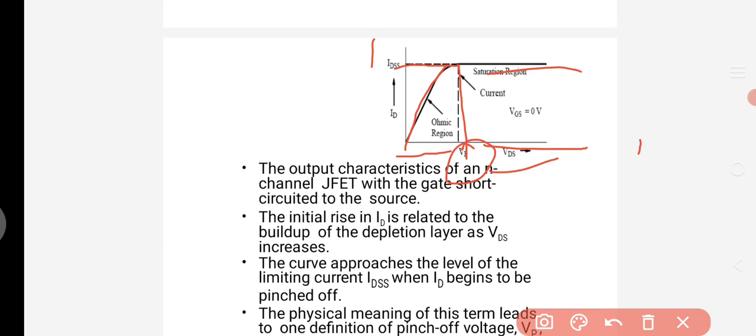When it reaches the pinch off point, we can get the maximum current, that will be called as IDSS. Beyond this pinch off point, we are increasing VDS continuously, but there is no change in the ID. That means the ID will be maintained constant at its maximum value. So this constant region will be called as saturation region.